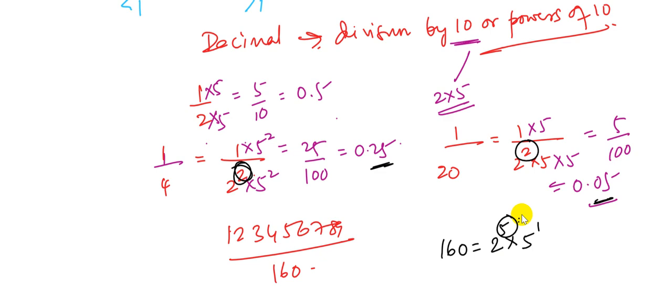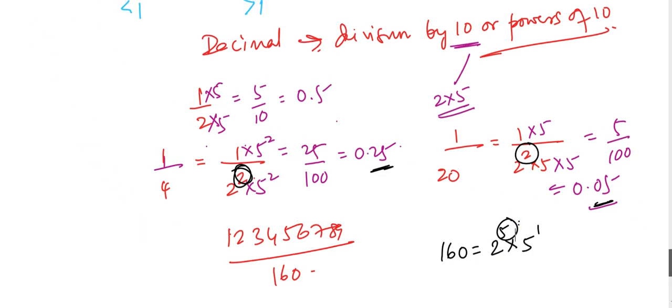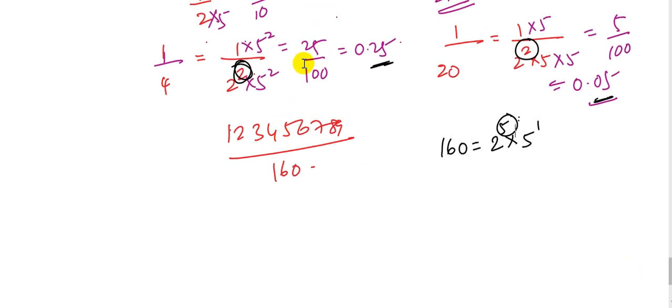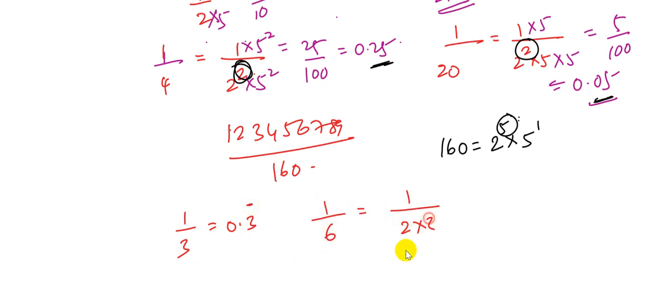So, this is how you determine whether a decimal is terminating or recurring. And finally, before I end, recurring decimal: 1 by 3 is 0.3 recurring. 1 by 6 is actually 1 by 2 into 3. I have a 2 here, so you can ask me, there is a 2, why is it recurring?